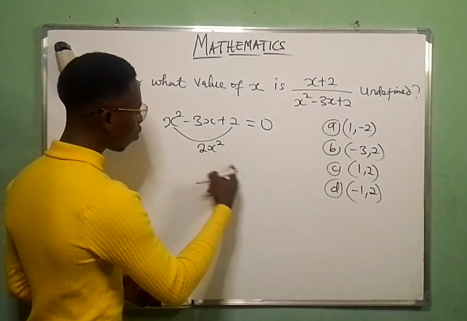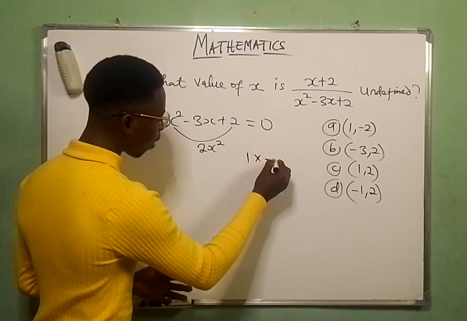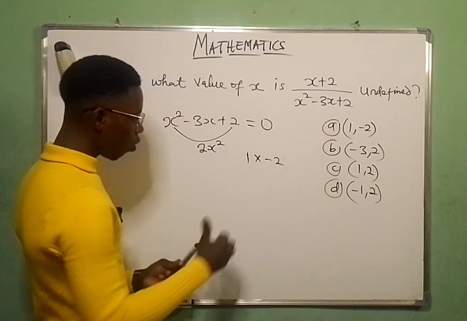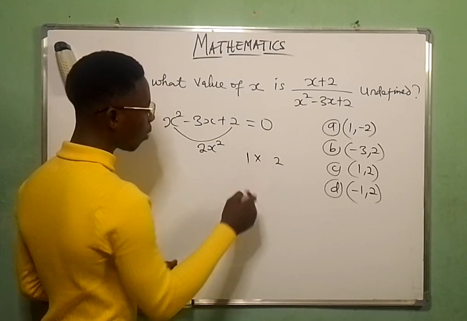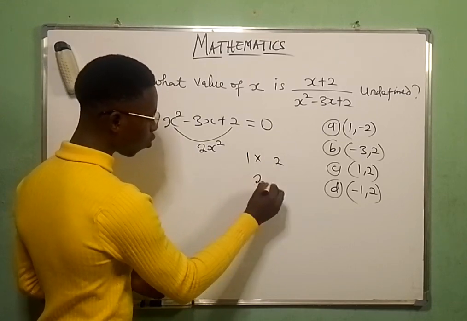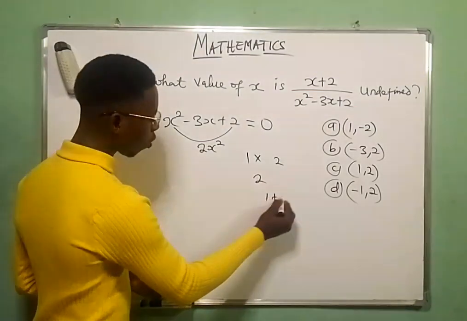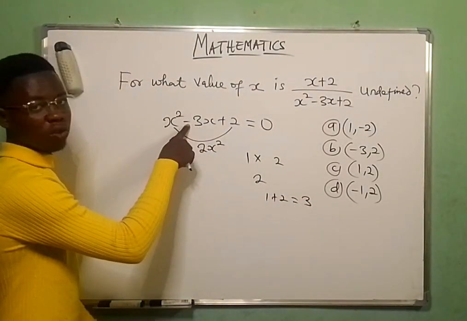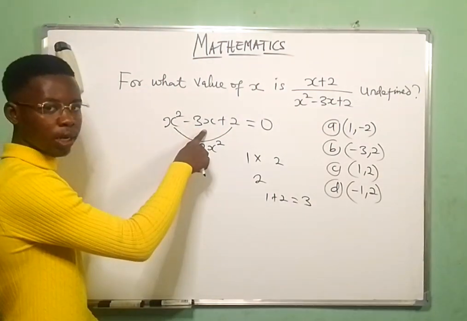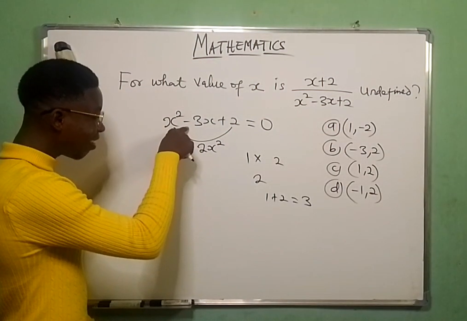Now, let's think of such a number. If you talk about 1 times 2, 1 times 2 will give me 2. Now let's check. 1 plus 2 will give me 3. But that is not it, because here we have minus 3. Now what are we going to do to get minus 3?